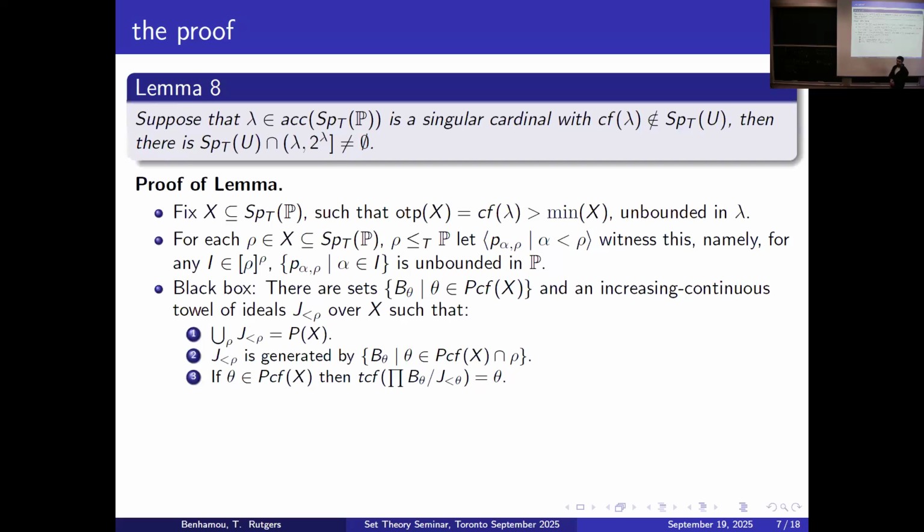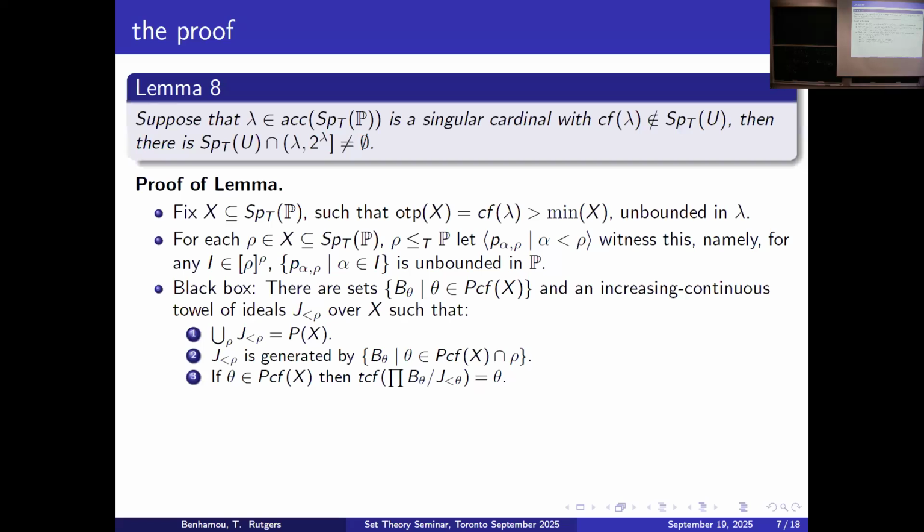When you have an ideal, it's no longer a linear ordering. So the TCF means it has a cofinal subset which is linearly ordered, and the minimal length of such a sequence is theta. So this is what we mean by TCF.